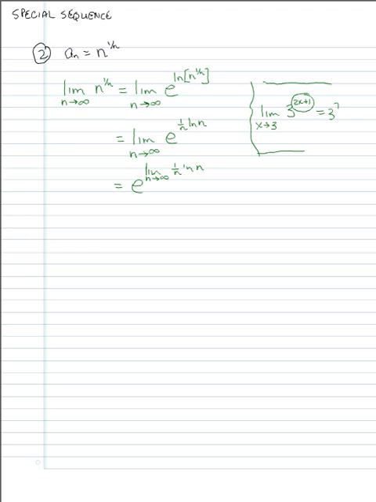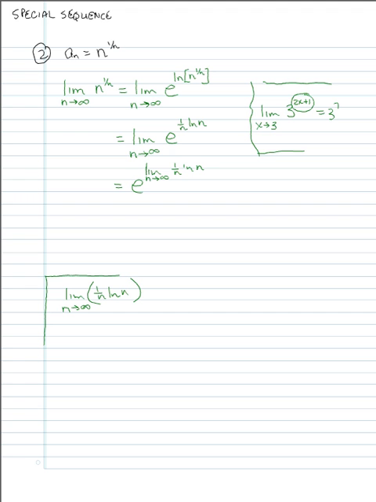So I'm going to postpone our work here and come down and say, okay, it boils down to needing to know the limit of 1 over n times the natural log of n as n goes to infinity.